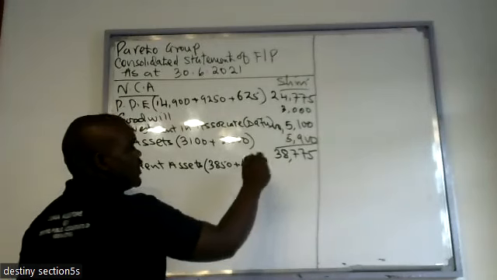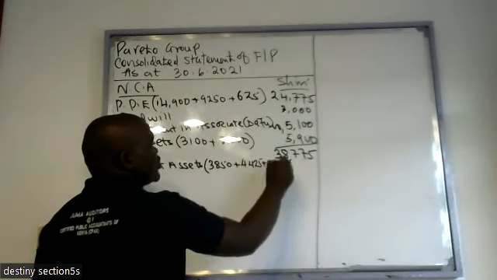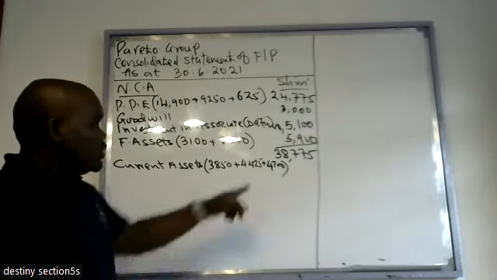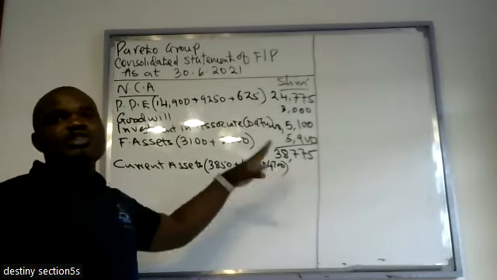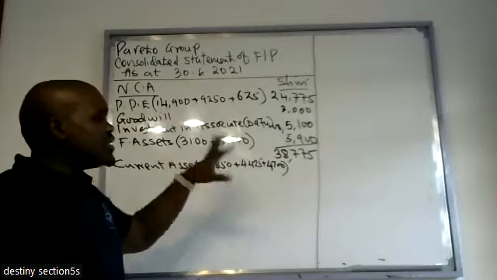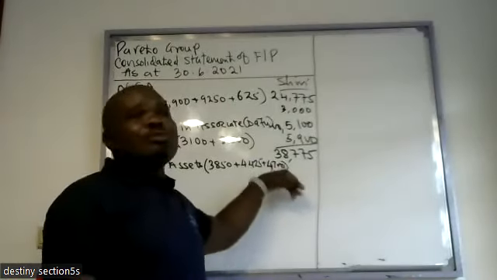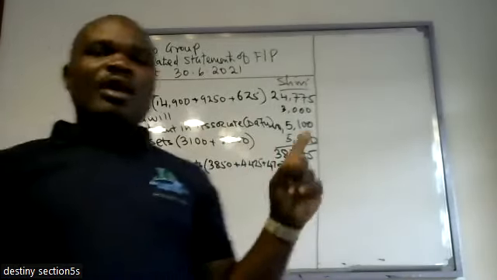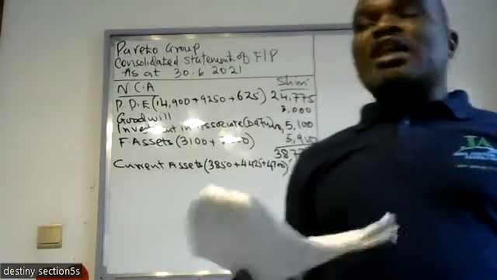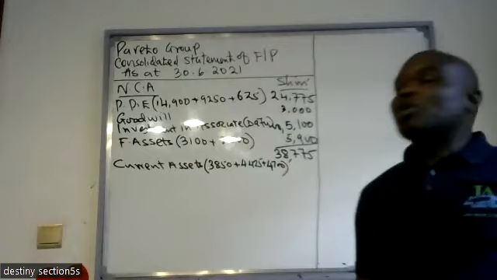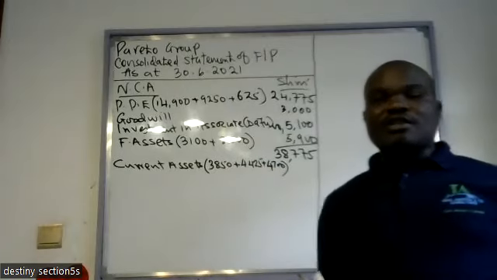So bring the 47 here, then indicate in your books disposal proceeds, whichever name, even in your mother tongue, it's fine, as long as you understand. This is the money we got when we disposed. By virtue of them saying that they have not accounted for it, it means that cash has not been debited in the cash book, and that's why I'm adding it as part of current assets.